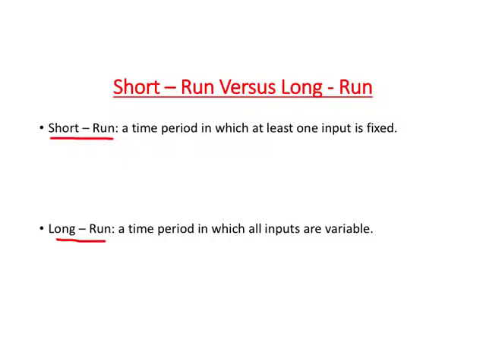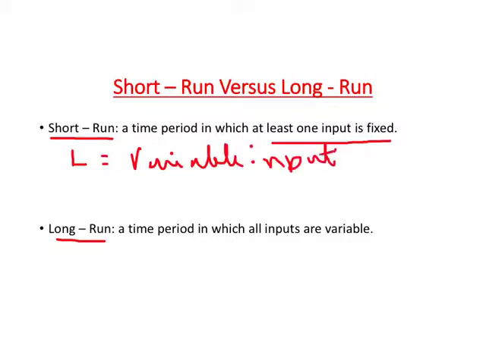In the short run, we assume that at least one input is treated as fixed and the other one can be variable. Since we are looking at the two-input case, we will assume labor is the variable input, and we'll do this all along, and capital, which is the non-labor input, is the fixed input.